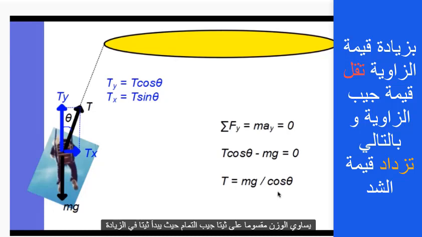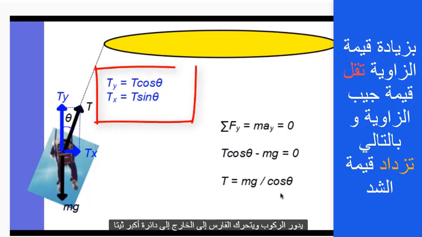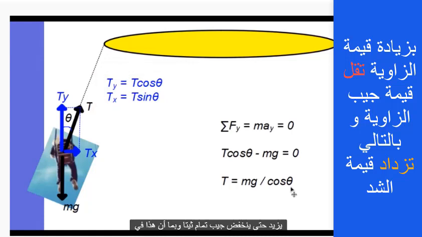So as theta begins to increase, as the ride spins up and the rider moves outward into a bigger circle, theta increases. So the cosine of theta decreases, and since that is in the denominator, this fraction as a whole increases. So we see as the ride spins, the tension in the chain increases.